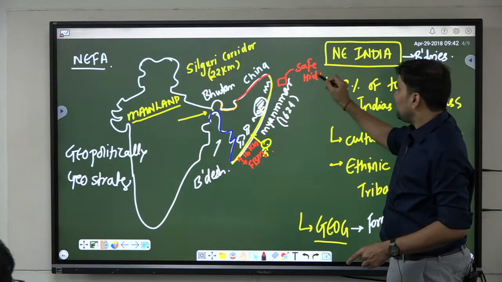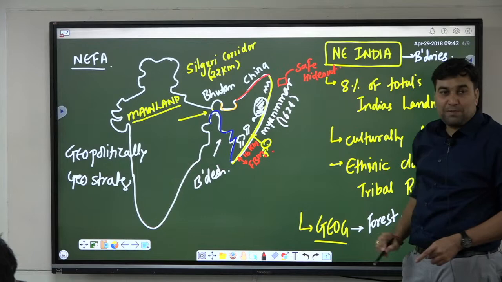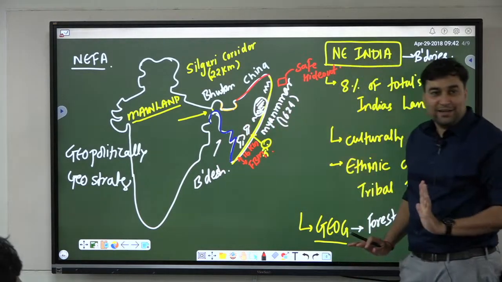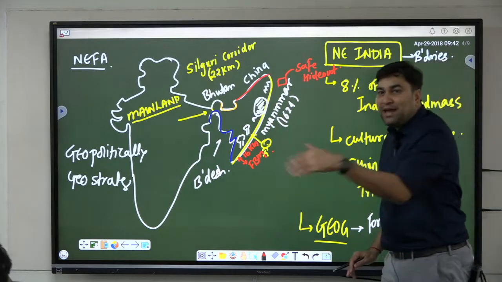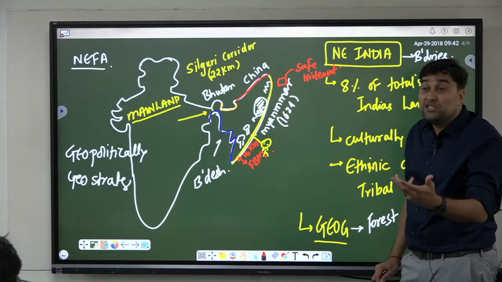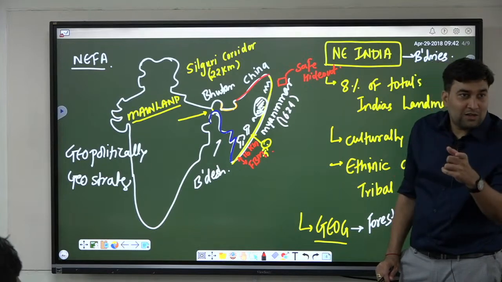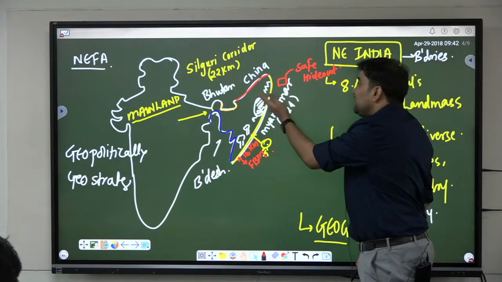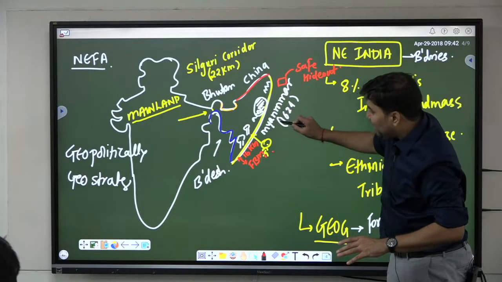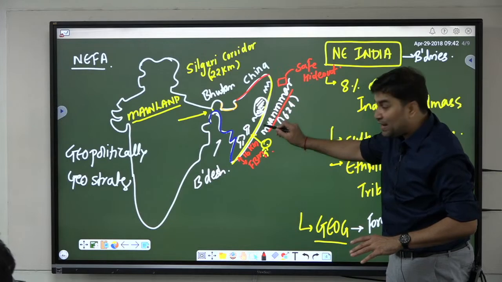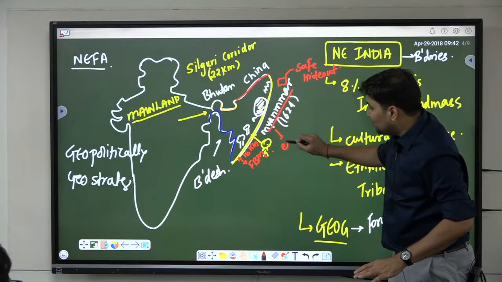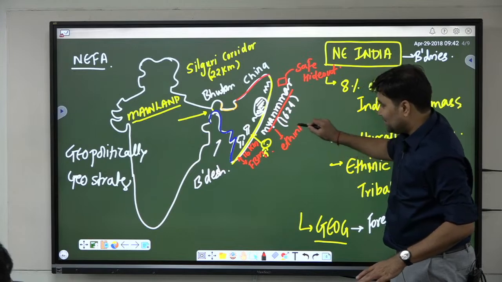These are safe hideouts, that means places where they can go and stay. They will carry out an attack here and go stay there, so that we cannot go onto Myanmar territory. If we invade Myanmar territory, that essentially means an act of war. Getting the idea? So we cannot go, but they are easily going. Why are they easily going? Because the people living along the Myanmar boundary and people in Manipur especially have very good ethnic linkages.